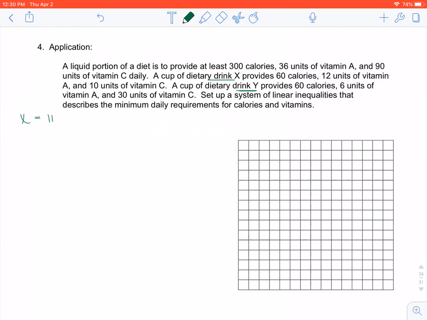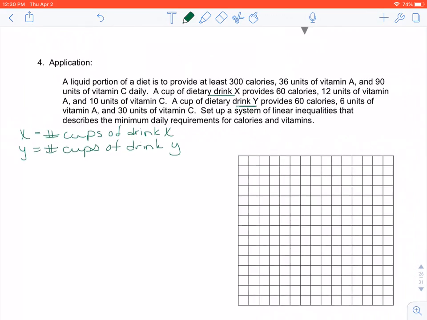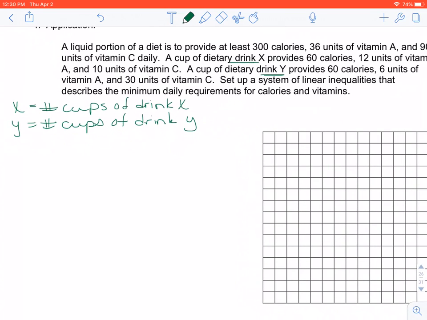And we're talking about the number of cups that we would have. So number of cups of drink X, number of cups drink Y. All right, so that's the first step. Think about the variables we want to use.